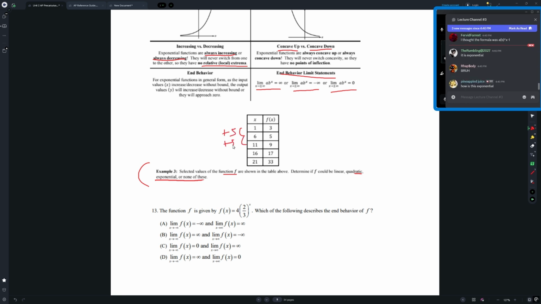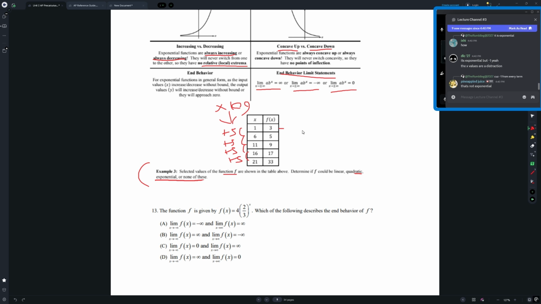So we have this. This eliminates it being log. And I forgot who said it, but yeah, if you subtract 1, it is exponential.